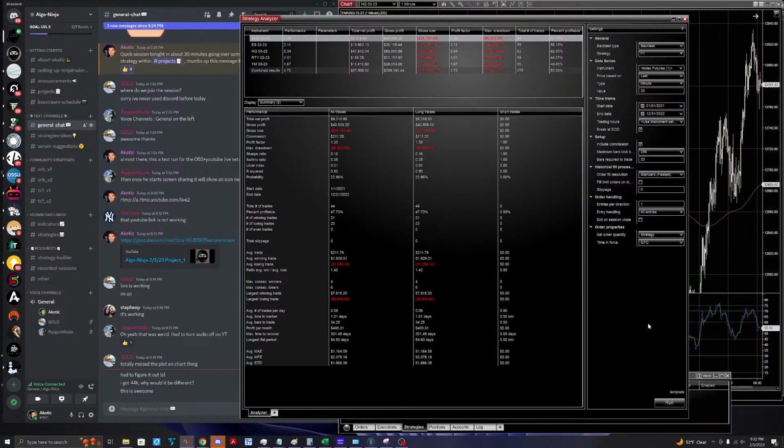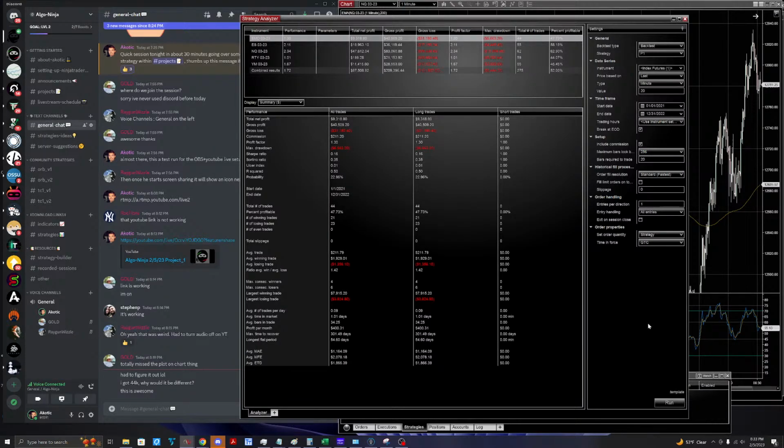A lot of people can overfit parameters to say the 5-minute time frame, and then they'll test it on the 4-minute time frame, and then the strategy just explodes. That shouldn't happen. There isn't that big of a difference from the 5-minute to the 4-minute. Just like how if I test it on the 15-minute, it should still do pretty much the same on the 16, 17 minute, and so on.